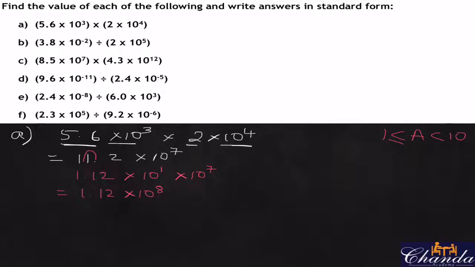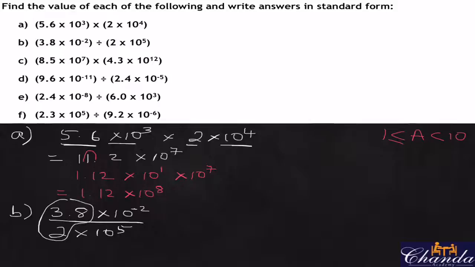Okay, moving into B. We have 3.8 times 10 to the power of negative 2. This time it's a division. So divided by 2 times 10 to the power of 5. So let's isolate this portion first. So 3.8 divided by 2 gives me 1.9. And then we have times 10 to the power of negative 2 divided by 10 to the power of 5.